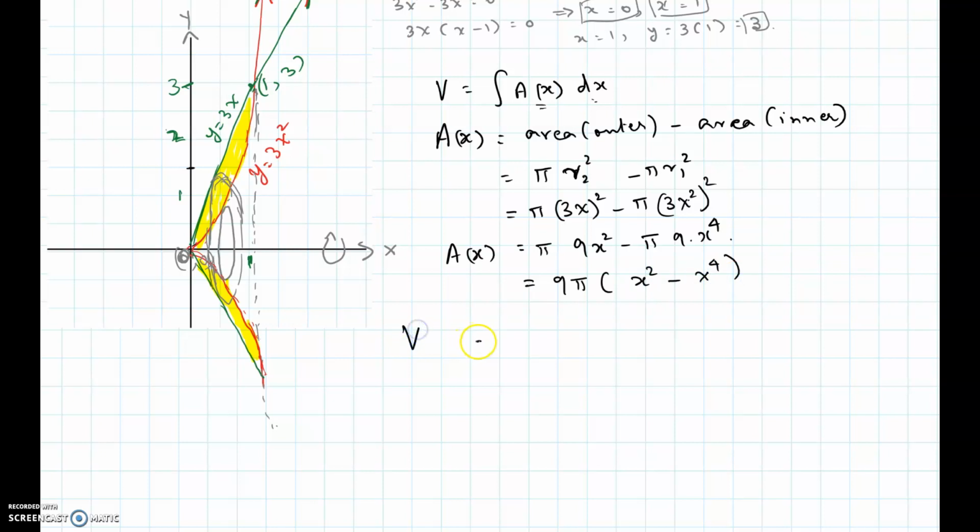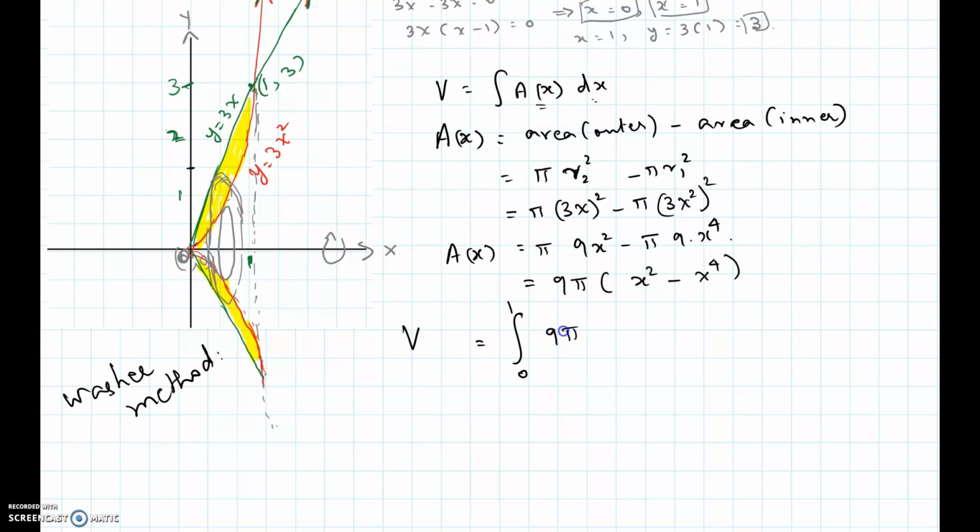Now the required volume by the washer method is the integral. We have to find from where to where the graph is drawn. It is from 0 to 1, the x values.